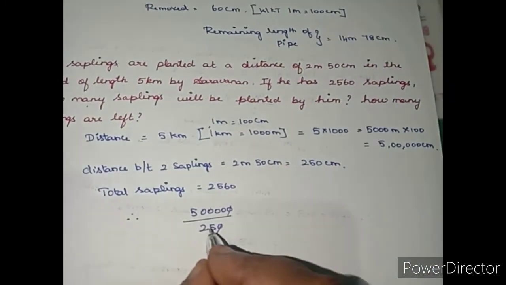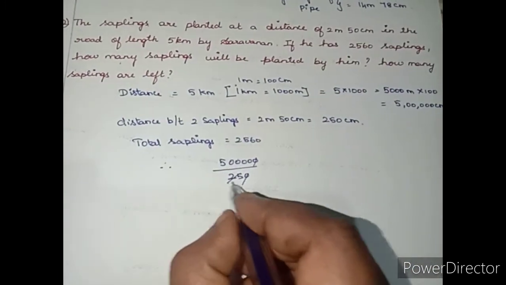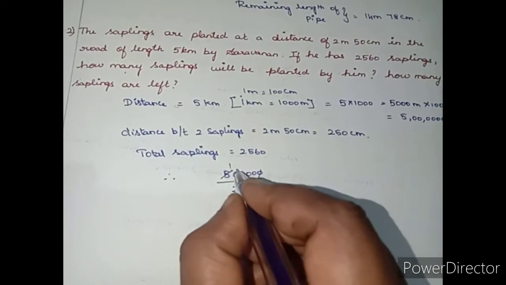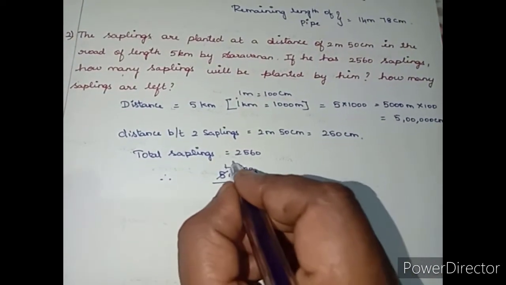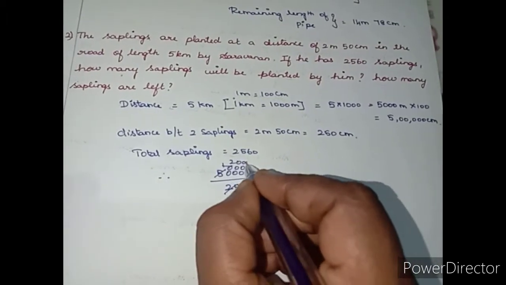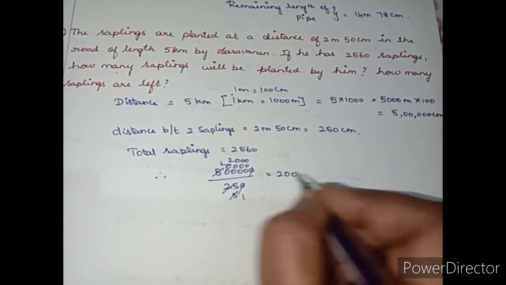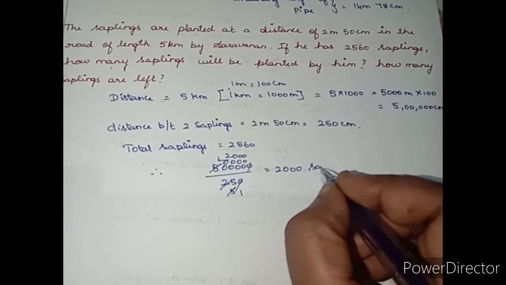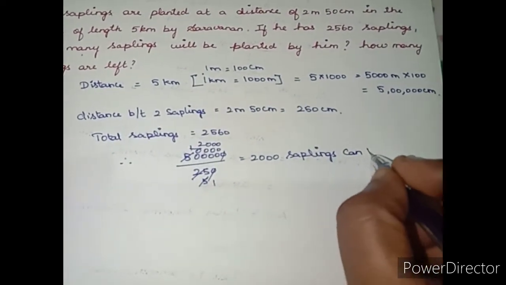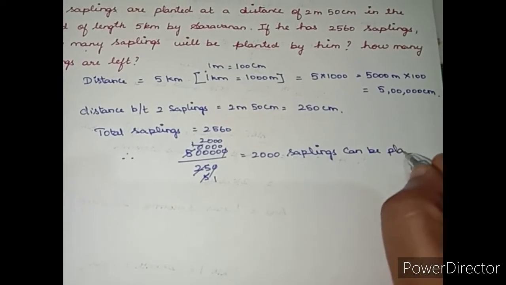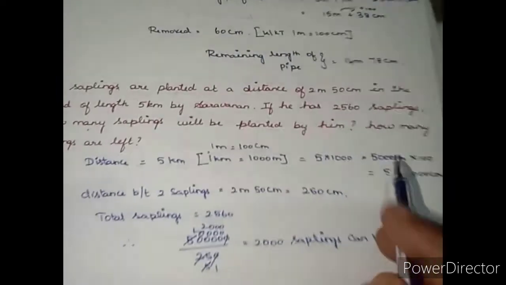0, 0 cancel. 5 table, 5 5s are 25. 1, 2, 3, 4. Again 5 table, 2, 0, 0, 0. So 2000 saplings can be planted. So two questions were asked.